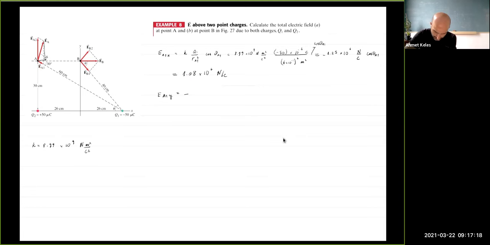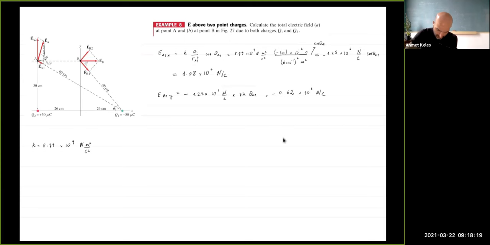And it should be 1.25 times 10 to the 6 Newton per Coulomb times sine theta A1, which should be, okay, let's calculate sine, 0.62 times 10 to the 6 Newton per Coulomb. Let's calculate E_A1X, yeah, something like 52. Yes.